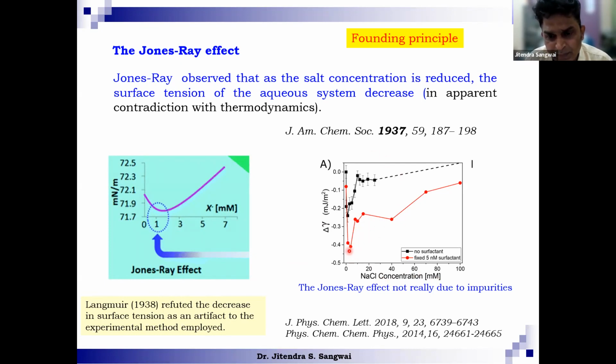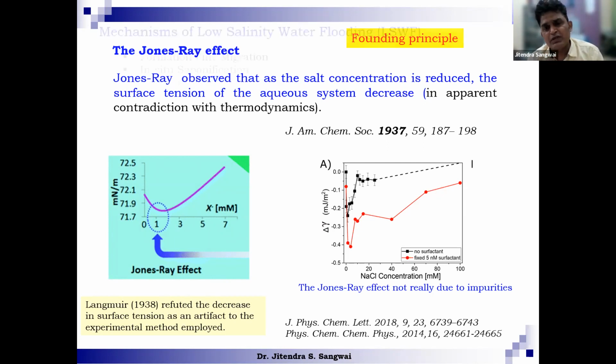And you can see that there is a minimum of surface tension, and as you increase the salt concentration, the surface tension starts increasing. So there is a whole lot of interaction that goes on at the surface of the water when we increase the salt concentration. This Jones-Ray effect, reported in 1937, was primarily focused on the surface tension phenomenon. Of course, they did not think about enhanced oil recovery, and did not really think that this might have some implications in enhanced oil recovery.